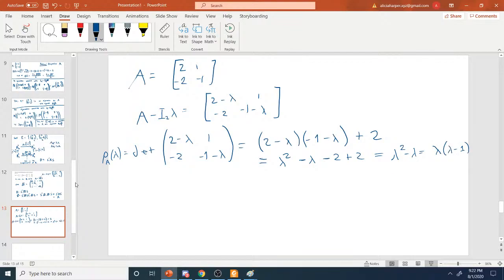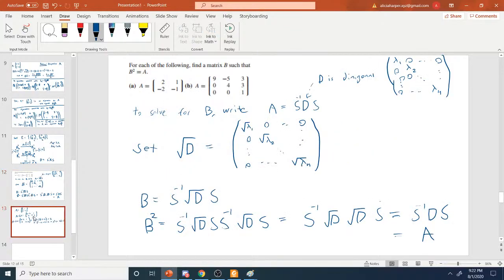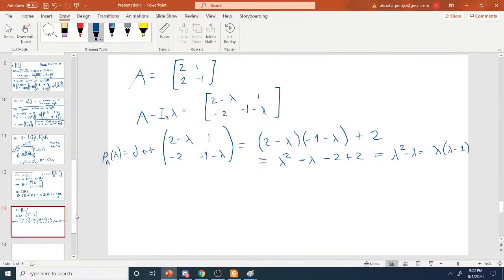I do not trust this at all. I must have messed something up here. Oh, no, I didn't mess anything up. Okay. So we get this, and so the roots of p_A of lambda are 0 and 1.